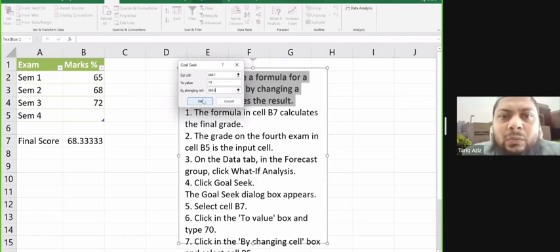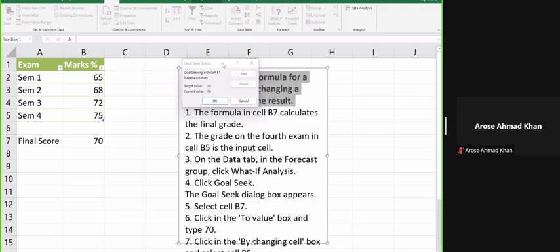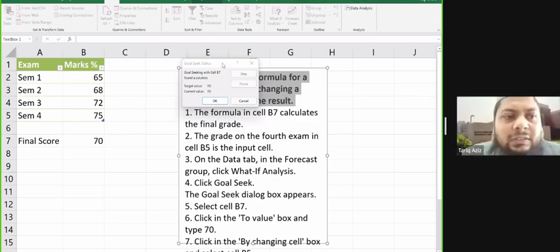So let me click on OK. Now it is solving this formula. Now it has arrived at the solution. The solution is 75. If this student scores 75% in the fourth semester, then his final score will become 70%.